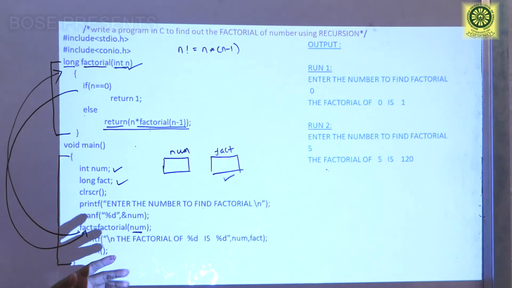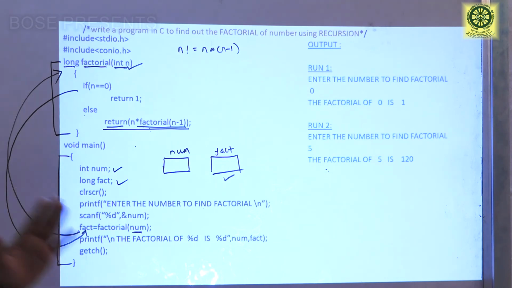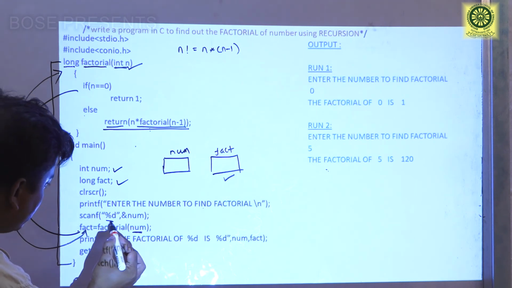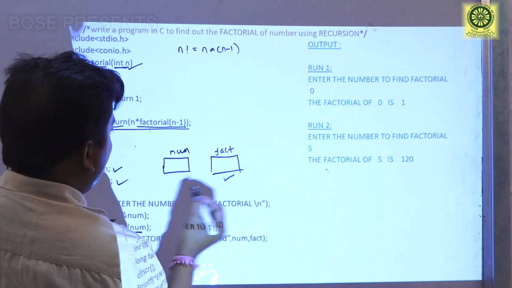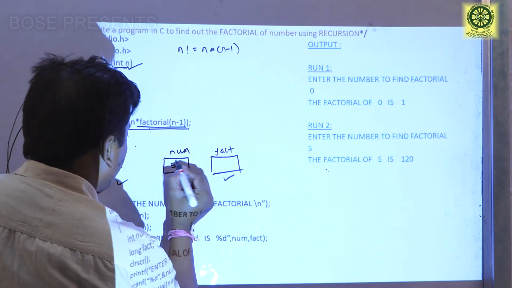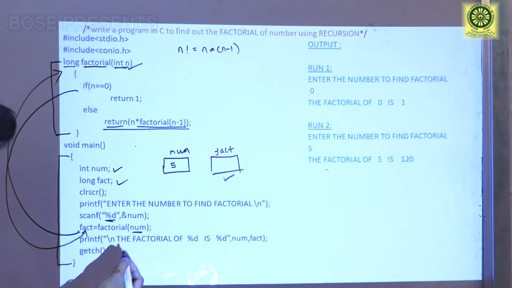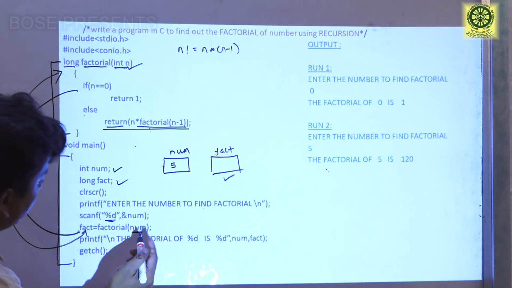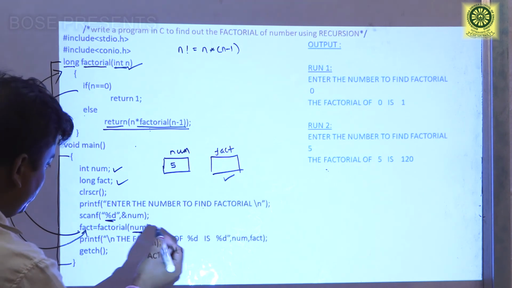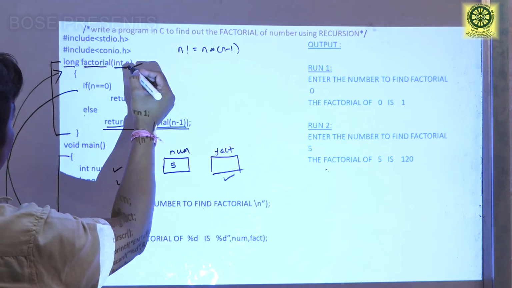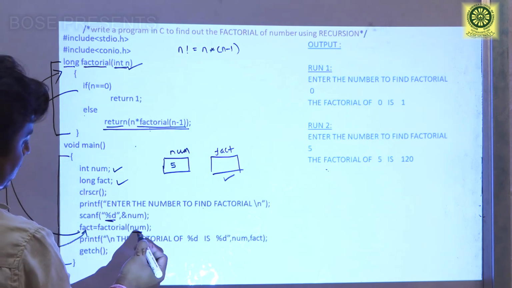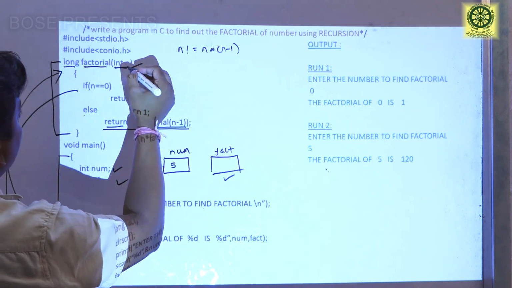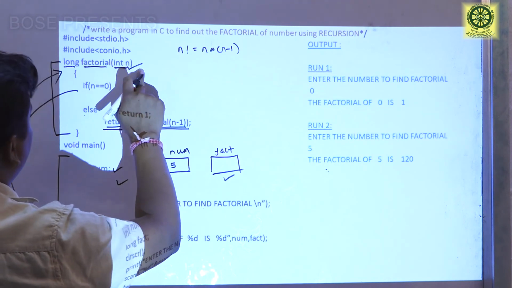Take a second run. Suppose the user is giving a non-zero value, a value which is greater than 0. For example, here scanf %d and &num. Suppose the user gives a number that is 5, and the 5 is stored in the norm memory location. In this factorial function, the norm value is passed to this, and here the value 5 is also stored in n.